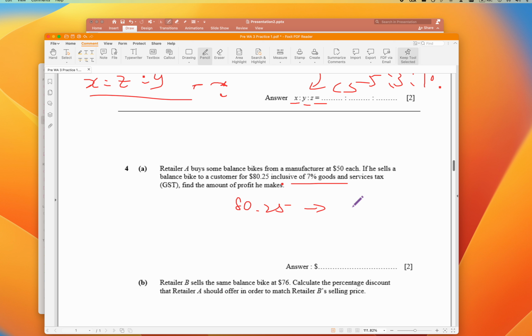I don't understand why you do it your way. If they say this one already includes the 7%, so what is this percent? 107%. Yeah, this is the way you do it. I don't know why you do the nonsense. You put 7 over that one, I also don't understand. I don't know why 7 over that 107%.